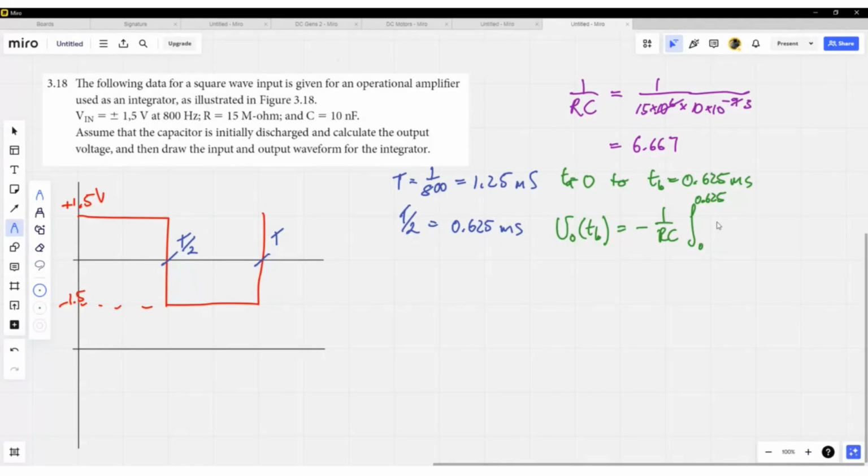Okay, in any case, we have our input voltage, that's positive 1.5 volts, plus an initial voltage. We don't have an initial voltage, so that's 0. So that's going to be minus 6.667, integrating 1.5, that's going to be 1.5 T between 0 and 0.625.